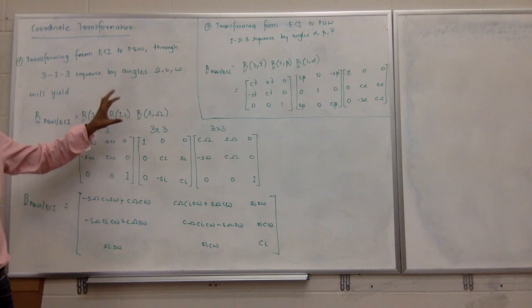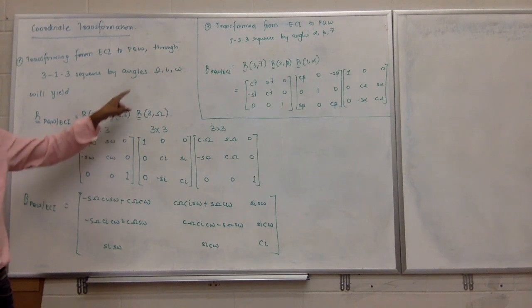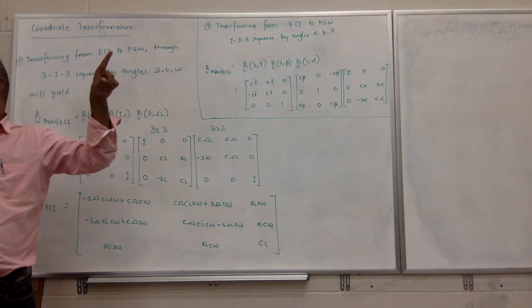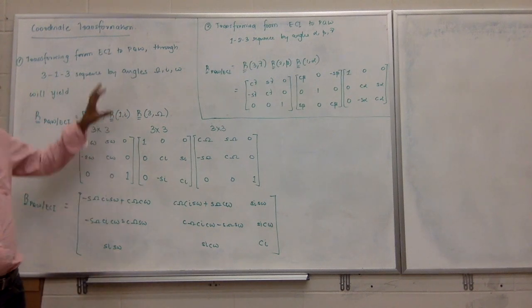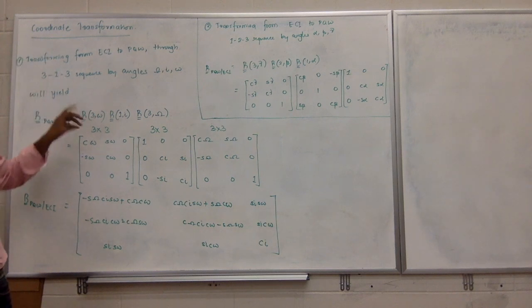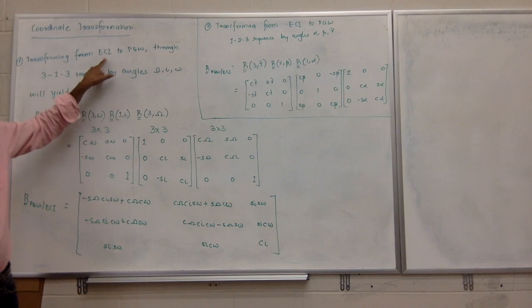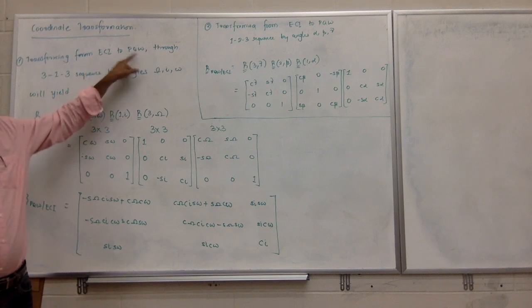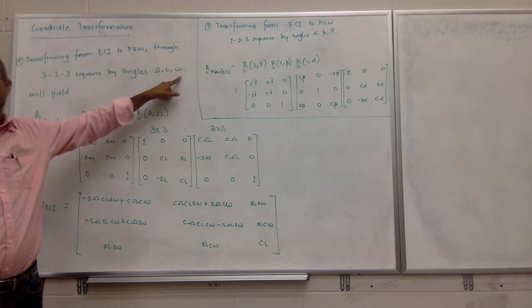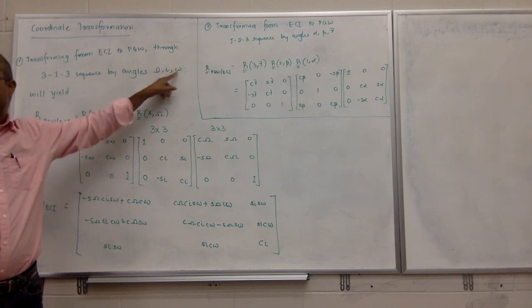These are called Euler angles, and the sequences are called Euler sequences. Strictly speaking, this is what Euler discovered: if you are in the ECI frame and you want to go to the PQW frame, these angles have significance. What are these angles?